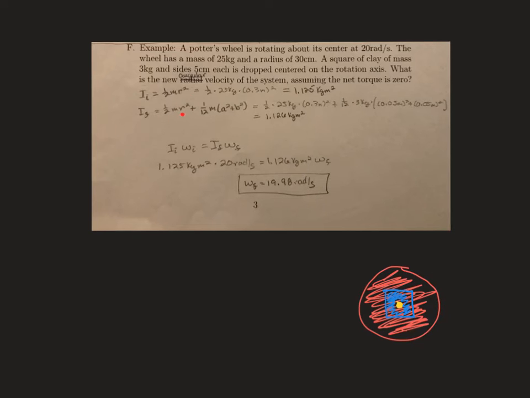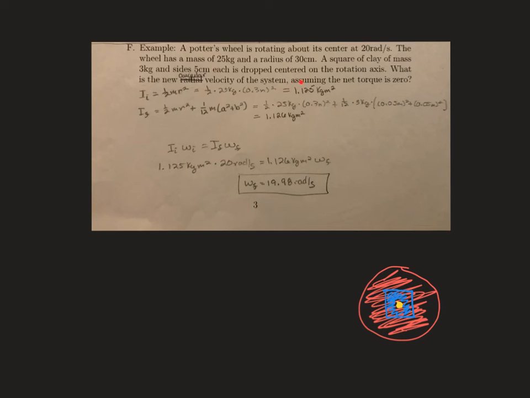So we're going to have still the cylinder and now the clay. So I've looked up our equation once again for it's a rectangle, but you can use the one for a rectangle for a square. I looked up that moment of inertia equation in the table linked in Blackboard. So we're going to take 1/2 times 25 kilograms times 0.3 meters squared again.